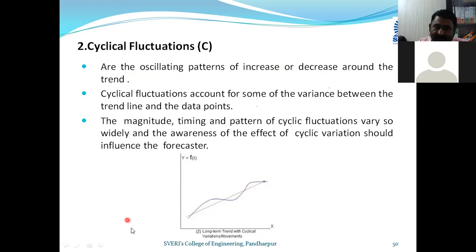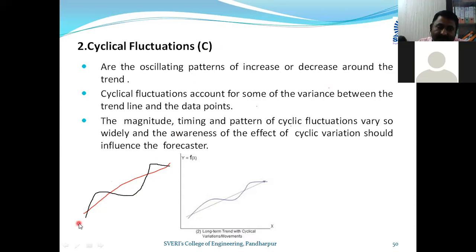So if you refer here, this is your one line. I will draw one more for you. Assume this line as a straight line, though it is not perfectly straight, and you may observe some changes like this. Whatever these oscillations are, the trend line is there, but apart from the trend line there are some oscillations.